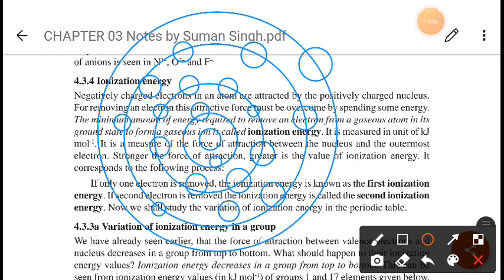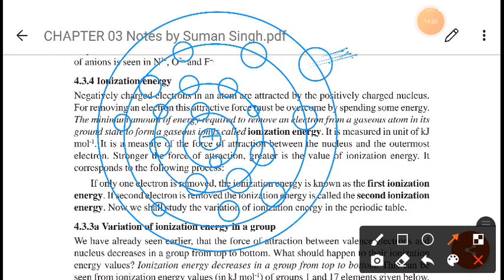So this is a multi-electron atom, right? As you can see, this one is the valence electron, and this one is our nucleus.